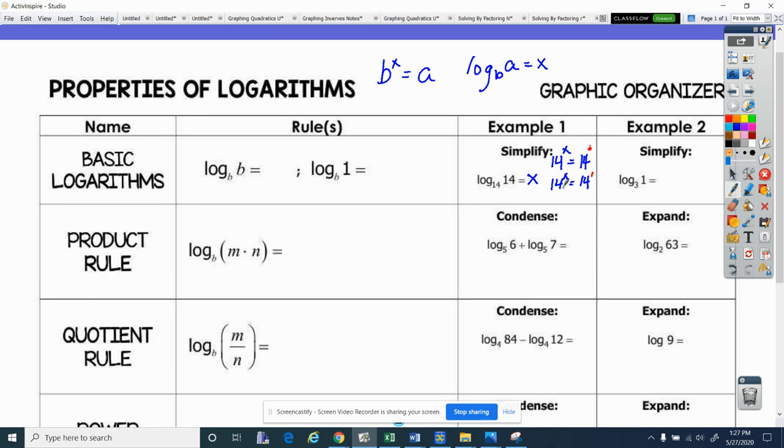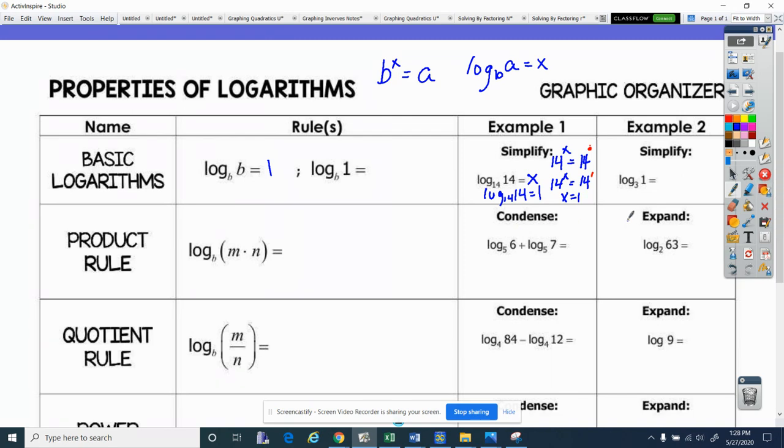And now I have the same base, so x equals 1. So in this case, log base 14 of 14 equals 1. So log base b of b equals 1. When the base and the number here are the same, you're going to get 1 as your answer.